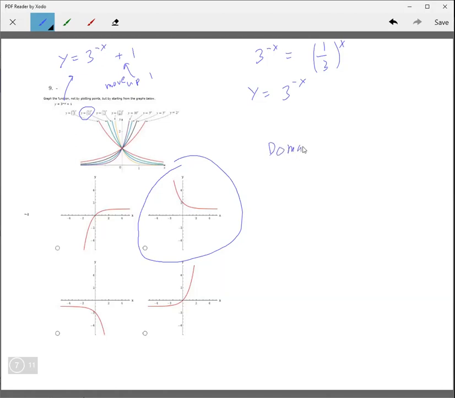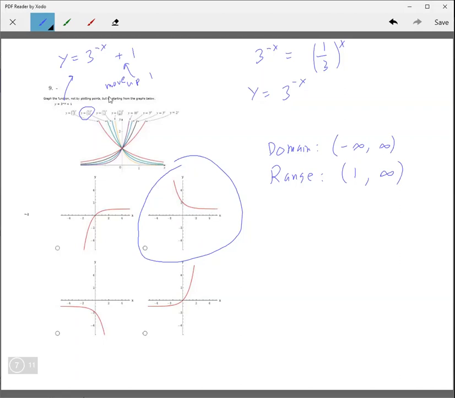So the domain is negative infinity to infinity. The range goes from 1 to infinity, because you don't have any values down here. No values down here.